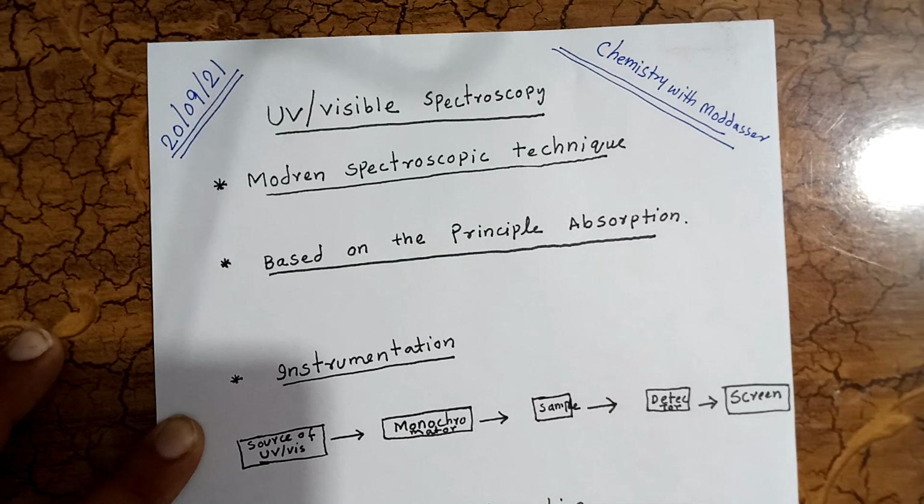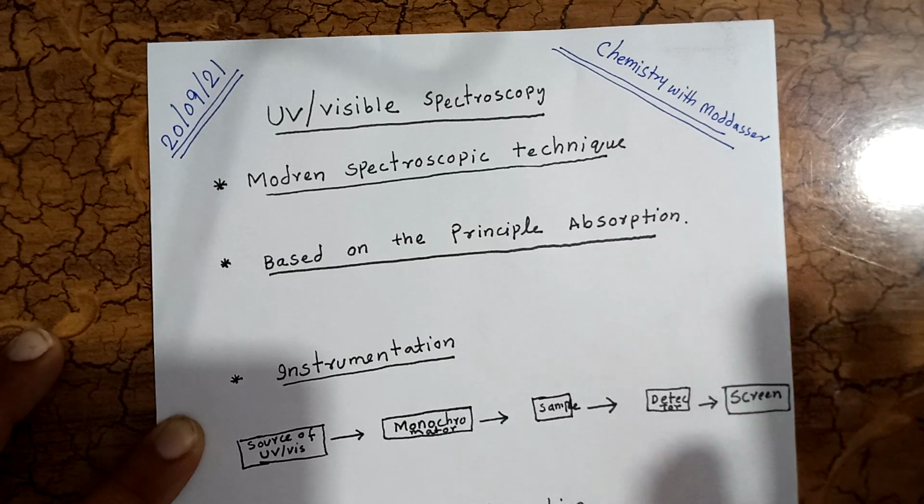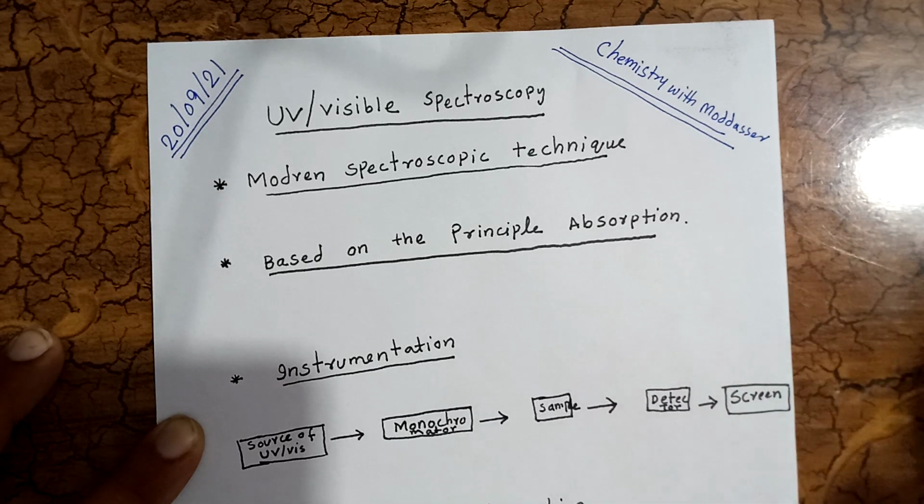That transmitted light is detected by the detector and gives us a spectra, and in that spectra it is shown which wavelength of light is absorbed, and in which concentration that light is absorbed. So that is the principle of UV visible spectroscopy.